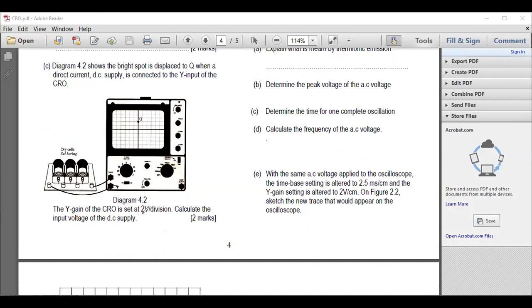Now they say 2 volt per division. So berapakah voltage kamu kena kira, berapakah dia punya ketinggian ni. So how many boxes are you using? Using 2 boxes, right? So that means your voltage will be 2 times 2. Sebab 1 box 2 volt kan. So jawapan dia 4 volt. Okay, so itu sajalah, 2 times 2, 4 volt. Okay. Next.